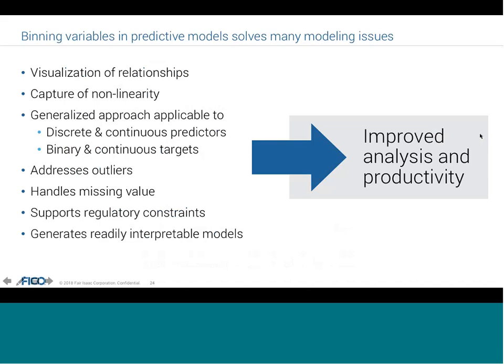It elegantly handles outliers, as well as missing values and special values. There's also a nice way to support any kind of regulatory constraints that might be passed on to you. And in the end, generally readily interpretable models, all leading to improved analysis and improved productivity.